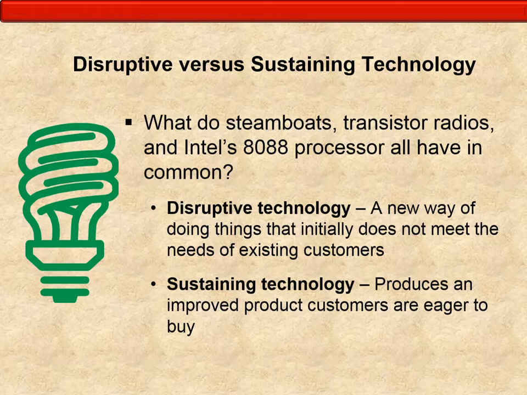Well, the steamboat was a new way of transportation. Is that now a way of getting existing customers to Mexico? The answer would be no. So that would have been a disruptive technology.